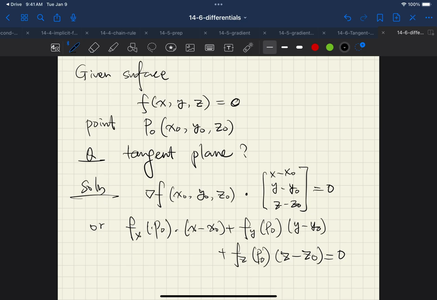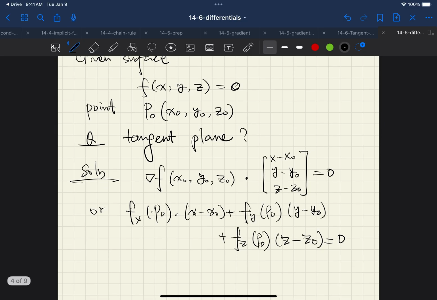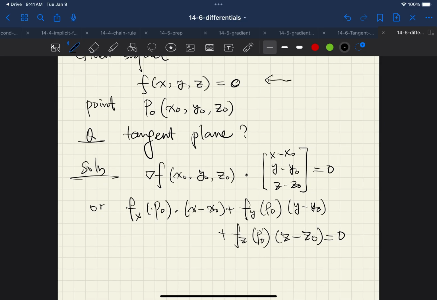That's the equivalent way we write. And now this is called an implicit function, which serves for a 3D surface.